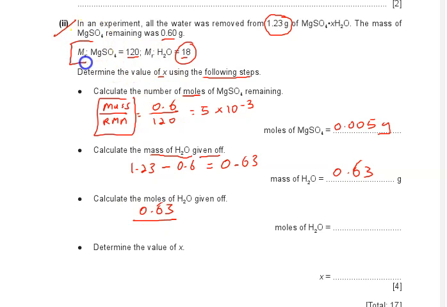This is not given in the previous exam papers. Let me calculate this. Divided by 18, we get 0.035. Then determine the value of X.